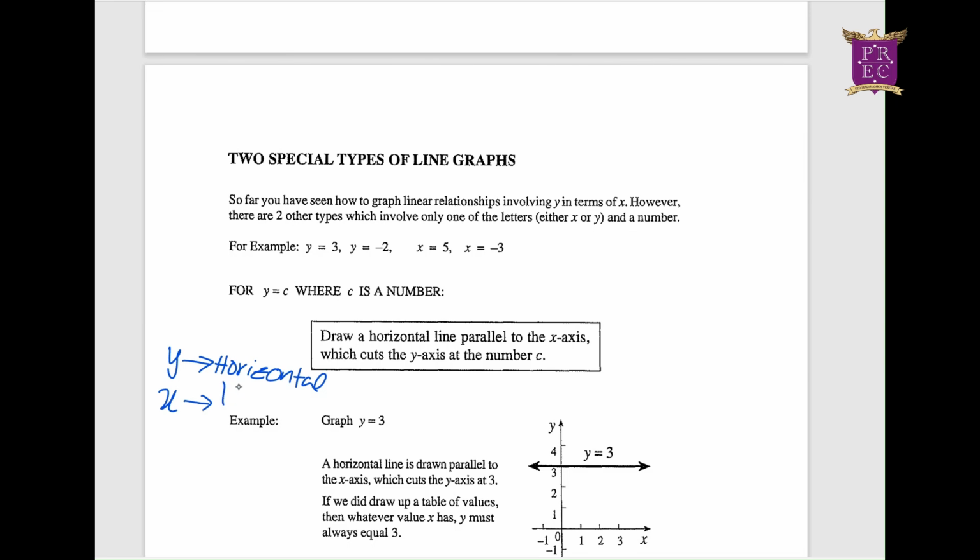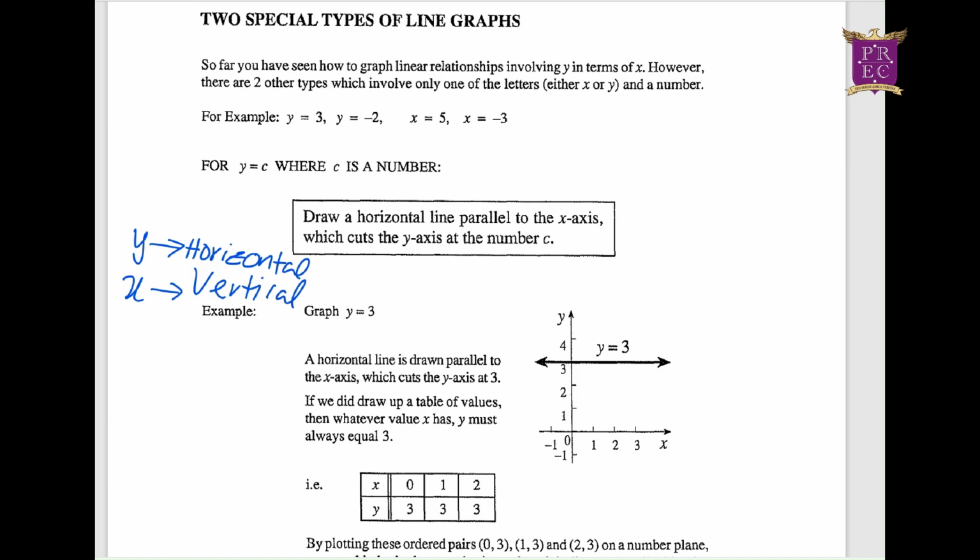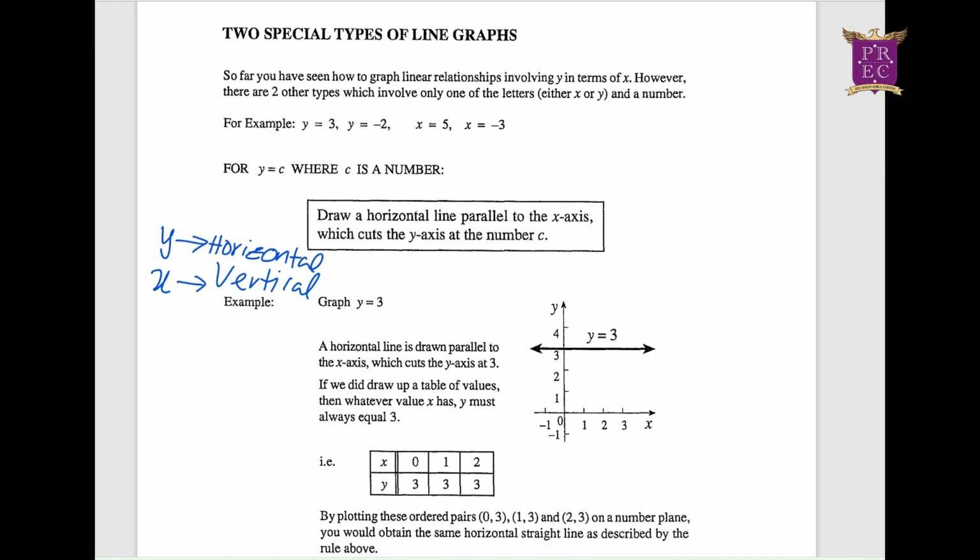And x is always a vertical line, and we'll show that in the graph over here. So if x was equal to 2, the line has to have an x value of 2 for the whole line. Okay, so if we start the line from here, it would have the value of x no matter what the y value is. The x value will remain the same.